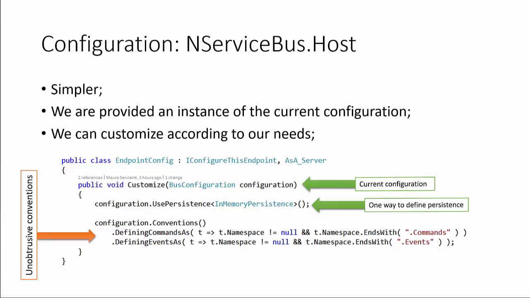The new IConfigureThisEndpoint interface will require us to define a Customize method that accepts a bus configuration instance. And notice that the bus configuration instance is not a runtime configuration, but is just a startup configuration.